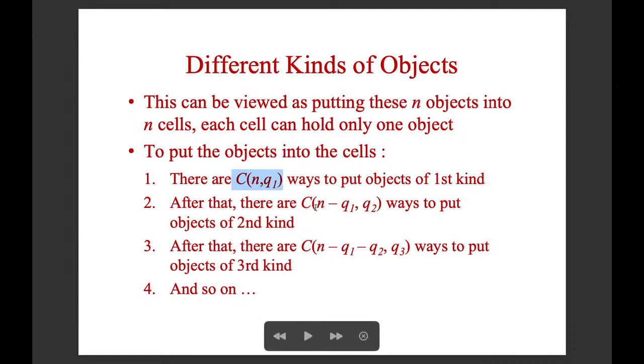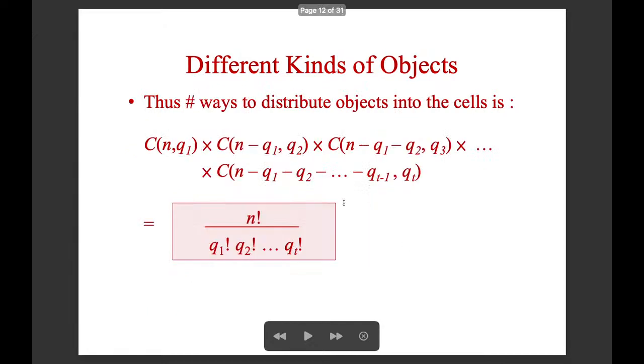After that, we have only n minus Q1 boxes left, and we need to select Q2 of them for the second type, and so on. So in the end, by the rule of product, the number of ways is n choose Q1 multiplied with n minus Q1 choose Q2 multiplied with the rest, and so on. So this is this number.